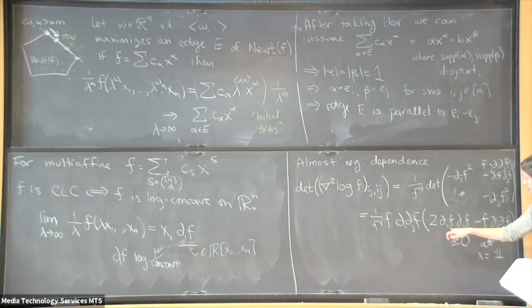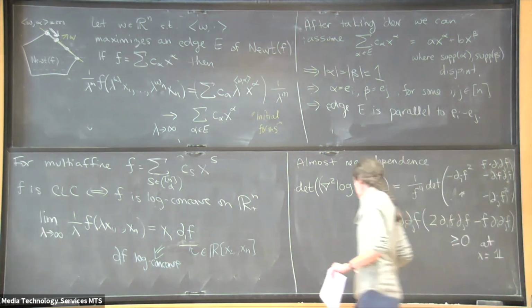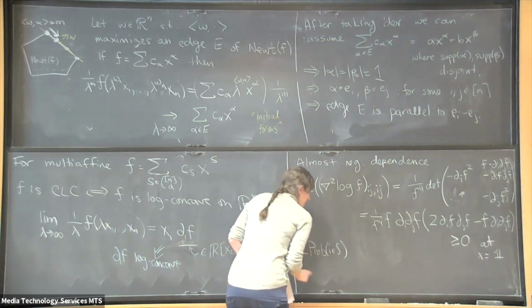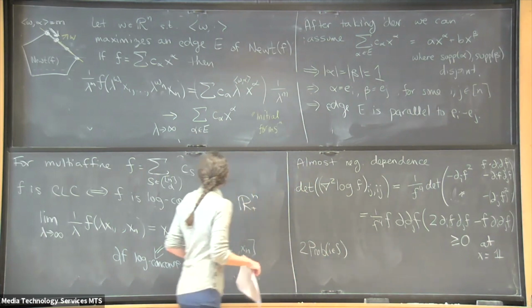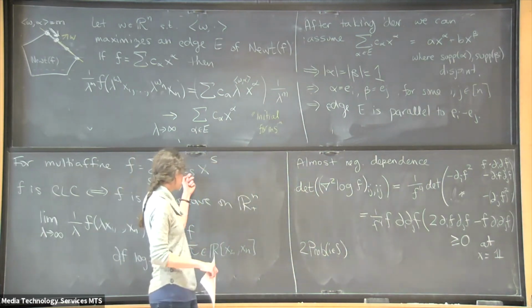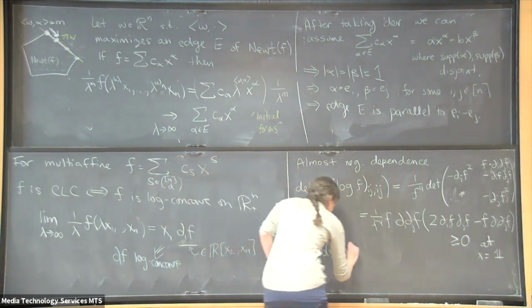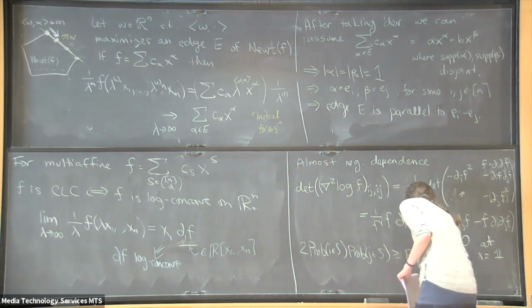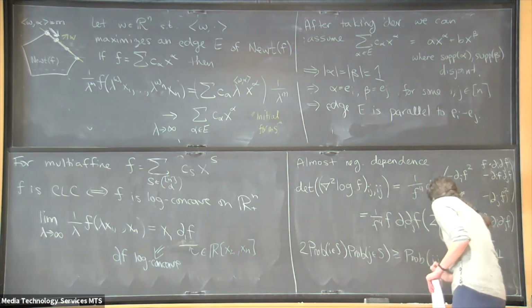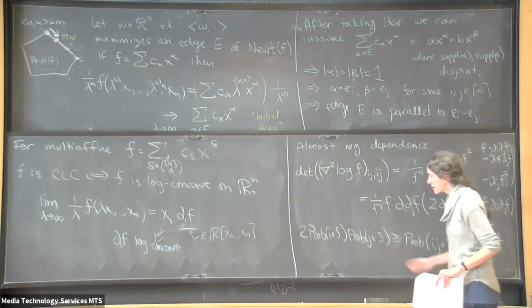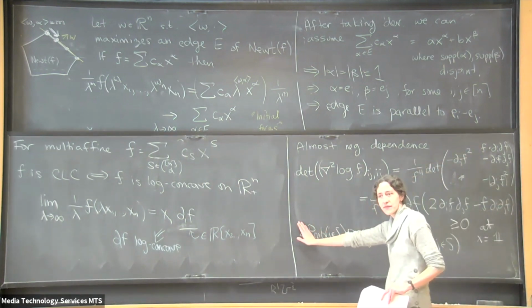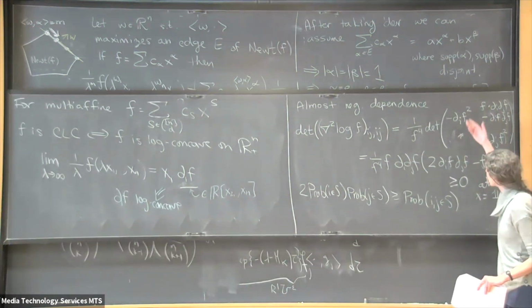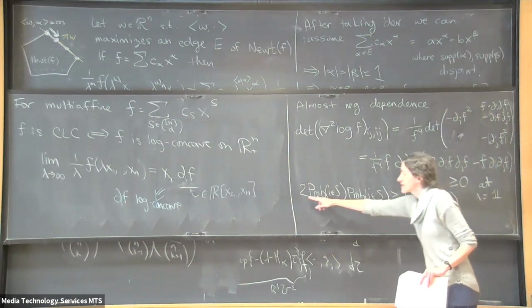And so doing the calculations we did last time, you can see this translates to 2 times the probability that i is in the set that I pick, times the probability that j is in S, is greater than the probability of both. So if I didn't have this factor of 2 here, this would be the negative dependence we found last time. And so what I get from log-concavity is a slightly weaker version of this.